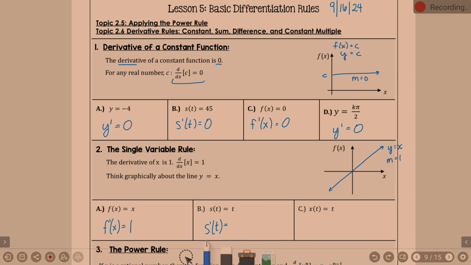And how do I know t represents a variable here? s of t is saying the function s in terms of t. So t is a variable. X of t equals t. What's x prime of t? It is 1. Got some very basics out of the way, right?